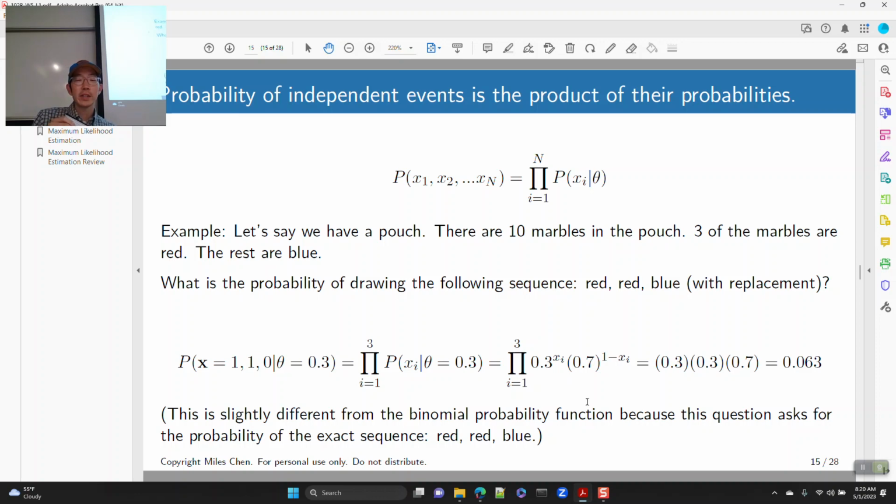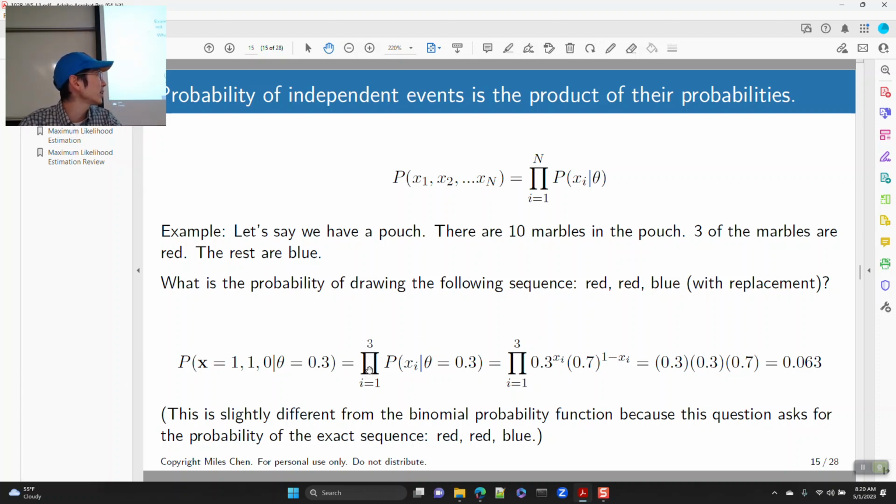And then if I ask, what is the probability I get red, red, blue, with replacement? If I draw a sequence of 3 marbles from this pouch, what's the probability of going red, red, blue? Well, if the probability of getting red is 0.3, then it's 0.3 times 0.3 times 0.7.